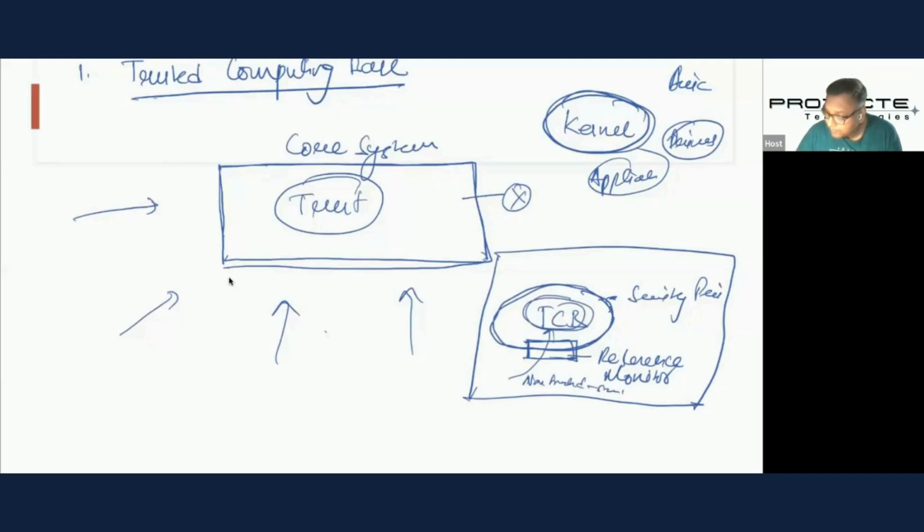So from non-trusted to trusted, there is someone doing the gatekeeping. That gatekeeping architecture is called a reference monitor. He is checking who is trying to access the trusted computing base of the system. Such reference monitors sit between the trusted and the non-trusted entity.